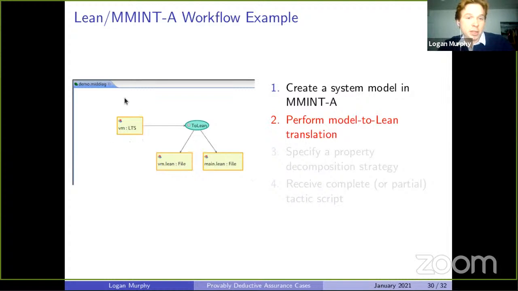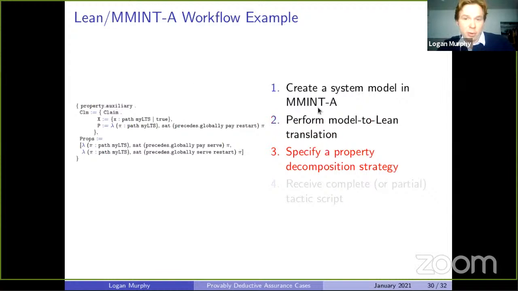They have the Minta model object of the vending machine. They have this to-Lean process, which automatically takes that and turns it into the definition of that LTS in Lean, and also a main file that is basically the file that the tool invokes to try and verify decomposition.